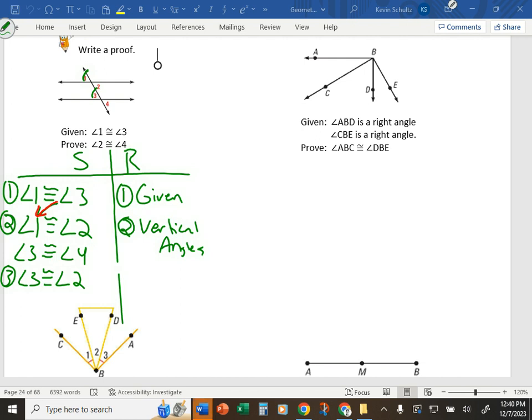So hold on. The substitution property says that you can replace equivalent values in an equation or expression, right? We know that 1 and 3 are the same. So if I say that 1 and 2 are the same, that's the same as saying 3 and 2 are the same. Do you have to explain what you're doing? Yes. Your explanation is substitution.